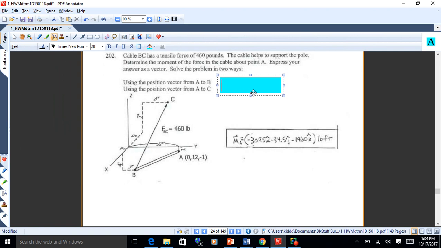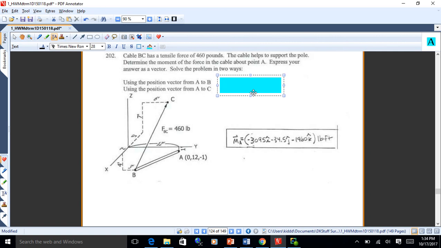So what we're going to do is get you some intermediate answers to this one. Now, I want you to do this one twice. Once using the position vector from A to B, and the other time using the position vector from B to C. It's the same process I just outlined.